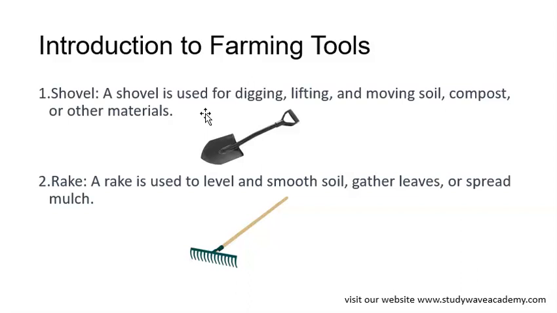Did we get that? The image we have here is called a shovel. We can use the shovel to dig the soil. We can use it to carry soil and put it in a basket or wheelbarrow.